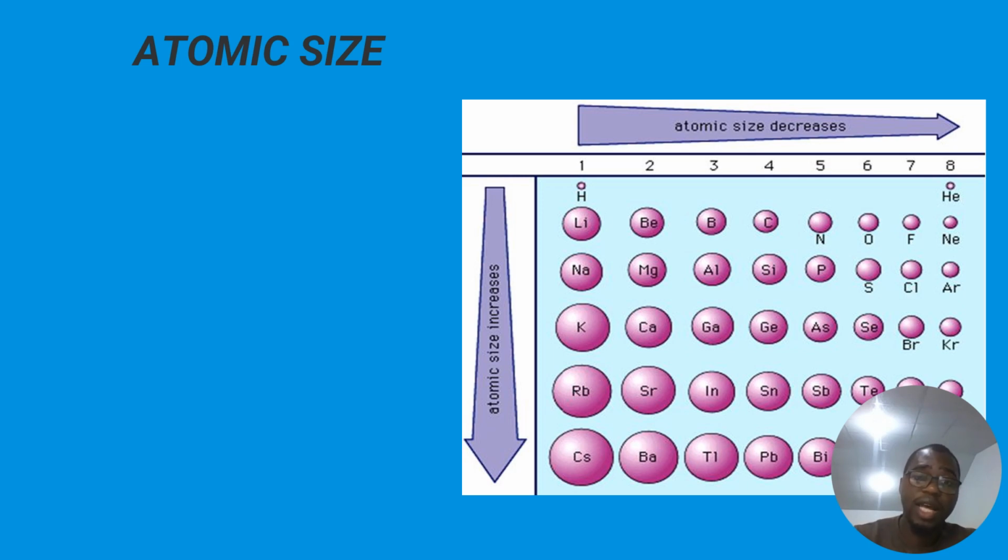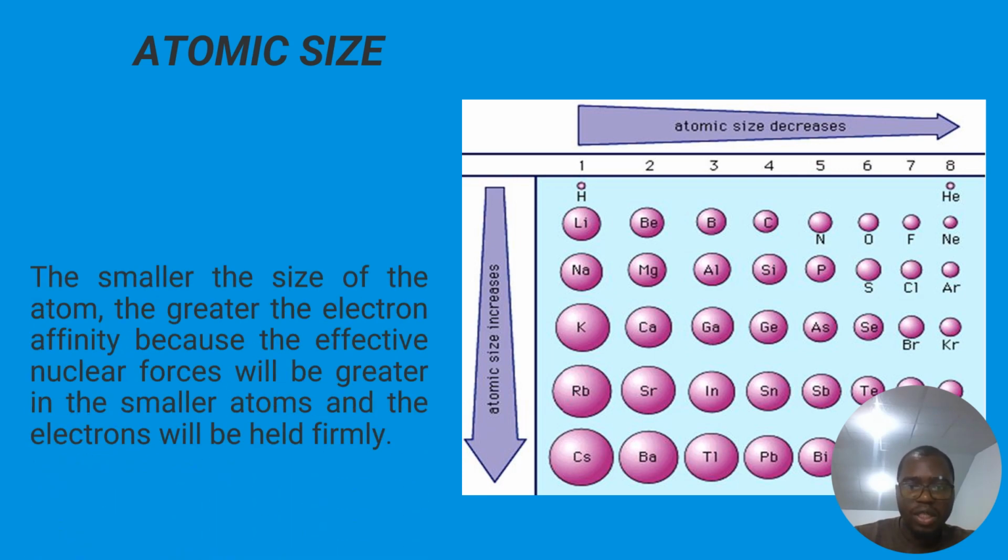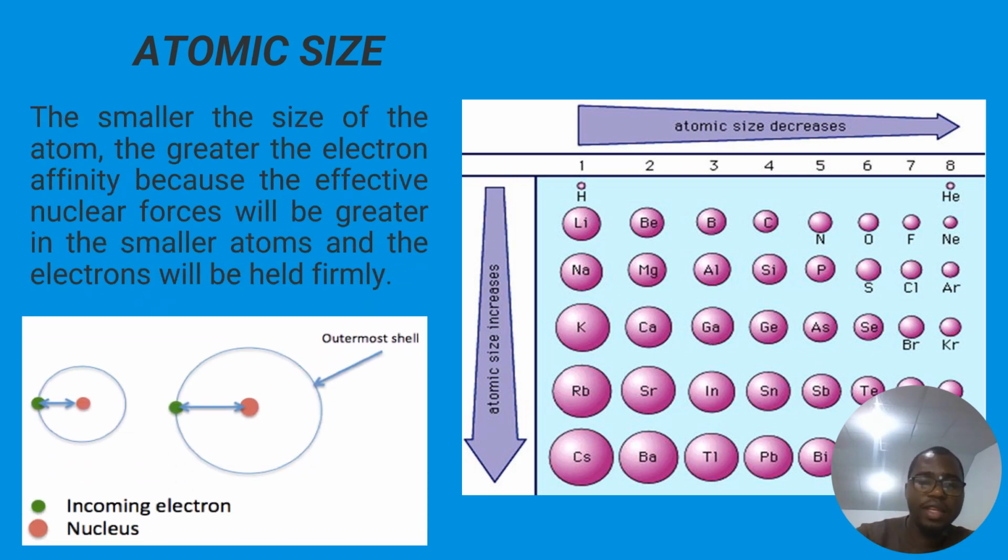Now, this atomic size is determined by the number of protons that are available, because as you go down the group, you discover that the shells will be increasing because of the number of protons. So as the shells are increasing, it means the size is also increasing. Okay, so now let's do an illustration with this example here.